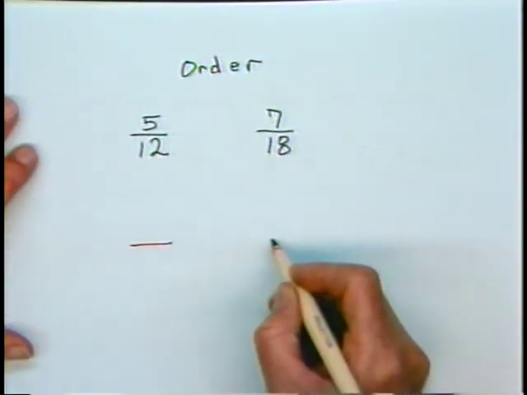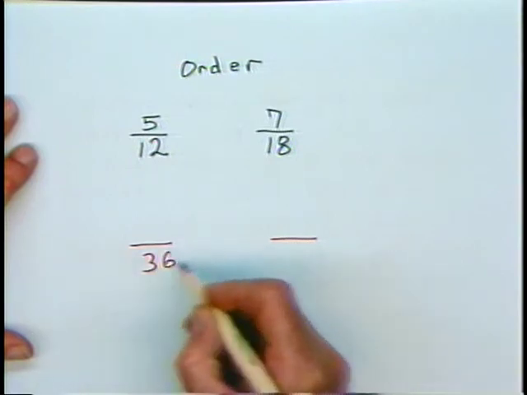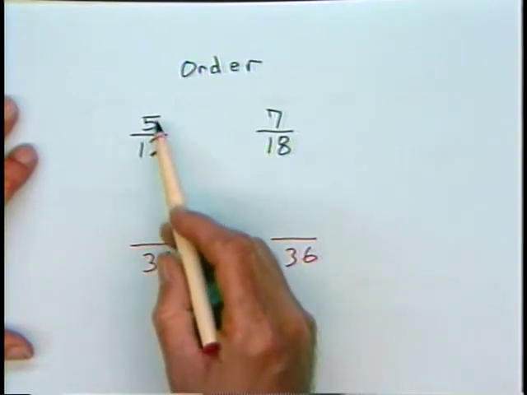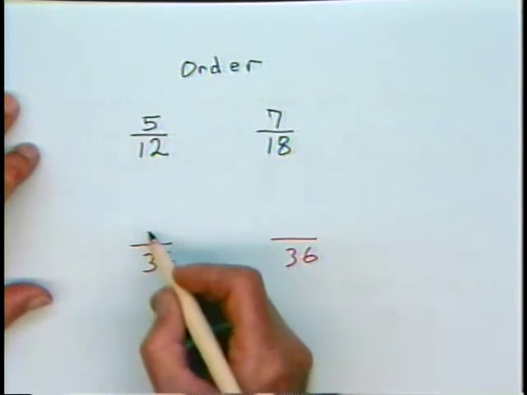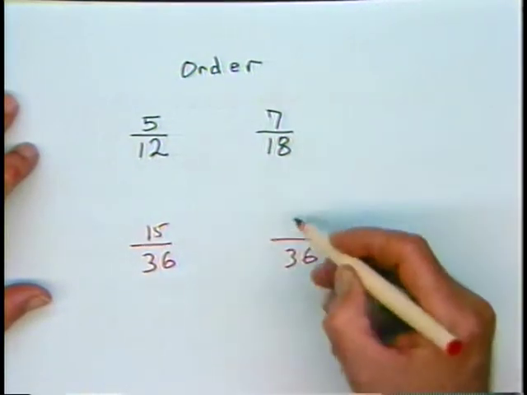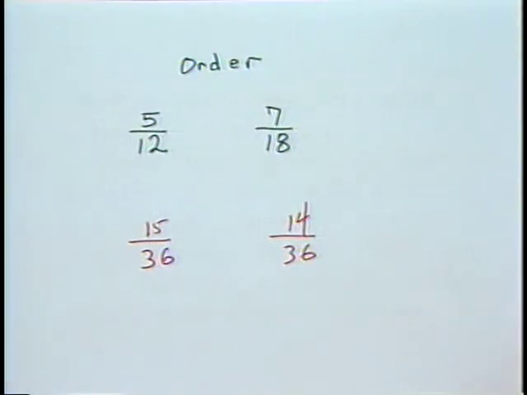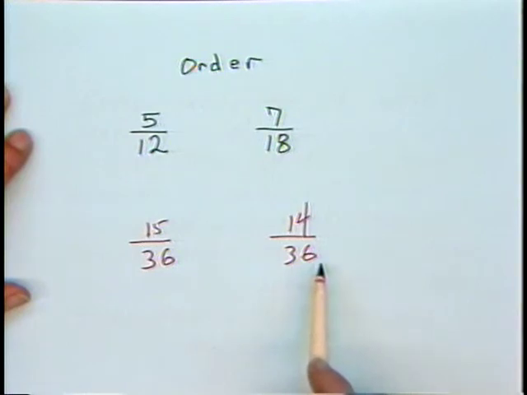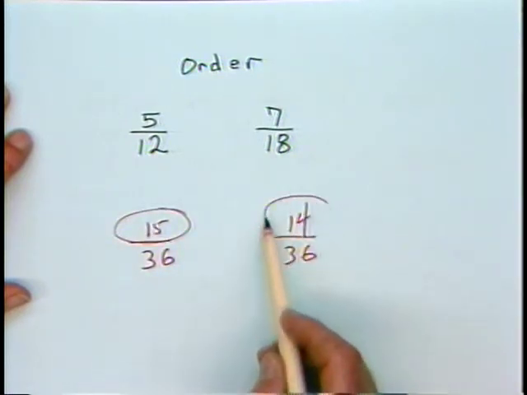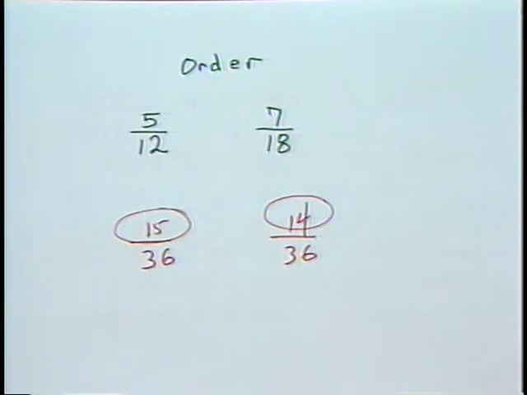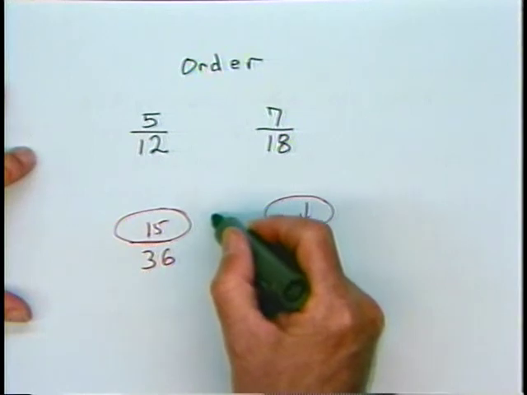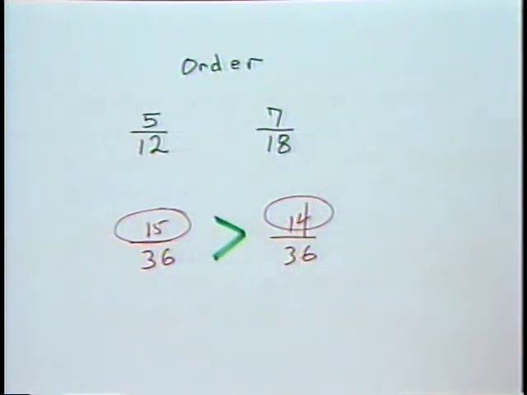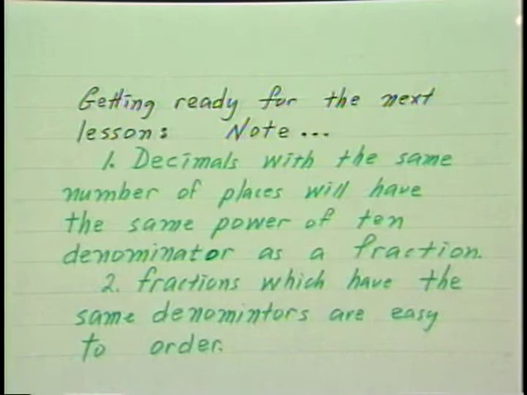But as soon as we were to change them to a common denominator, which is 36 in this case, multiplying top and bottom here by 3, and top and bottom here by 2, we see that indeed they are close to being the same size, but once the denominators are the same, all we need to look at is the numerators, and since the first numerator is larger than the second, it belongs to the larger fraction. So again, these two facts will really serve us well as we begin the next lesson.